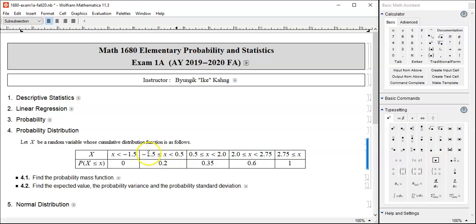Actually, no. I said it wrong, excuse me. This is a class interval. Sorry about that. The probability is this random variable taking the value less than x, and that x is less than 0.5.